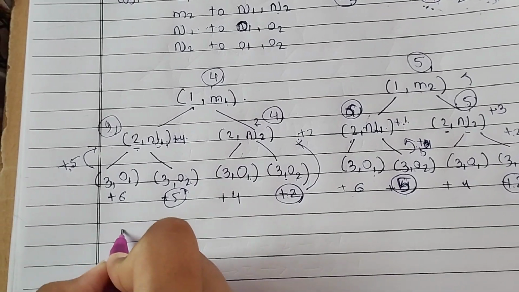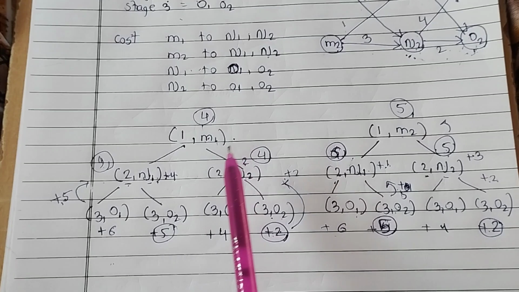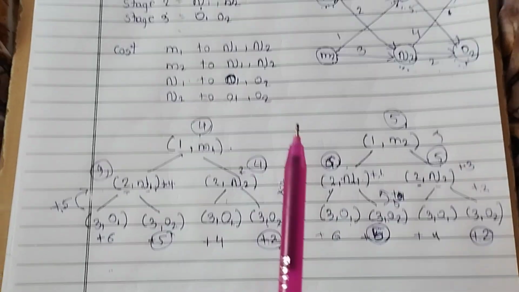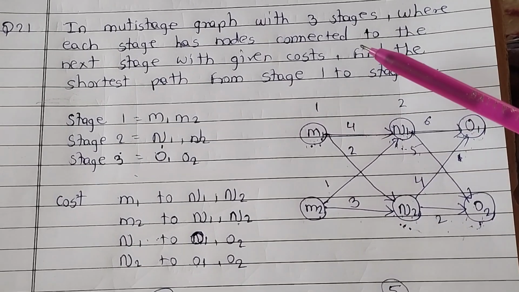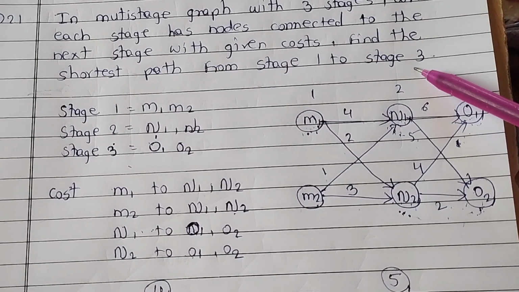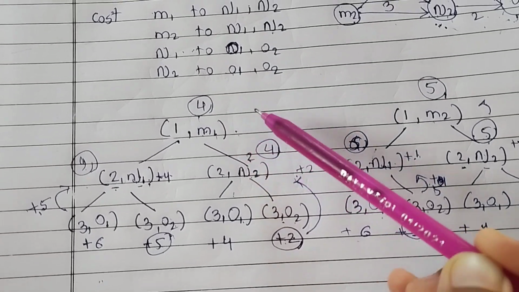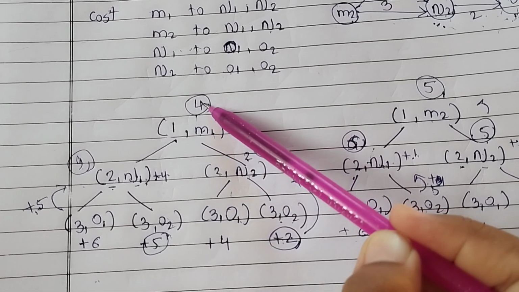So the cost for the value of the graph is 4, and the answer we want to find is the shortest path from stage 1 to stage 3. So we choose this M1 from stage number 1 because the cost is low.